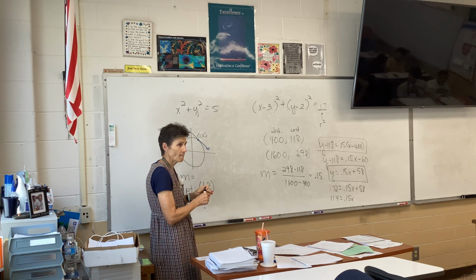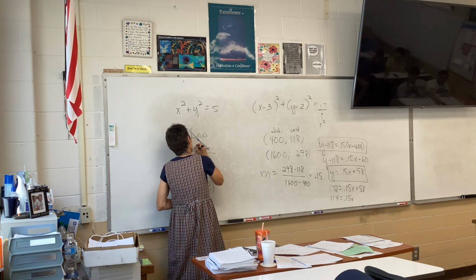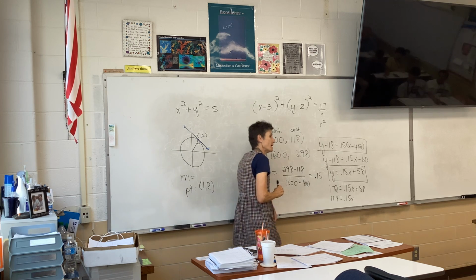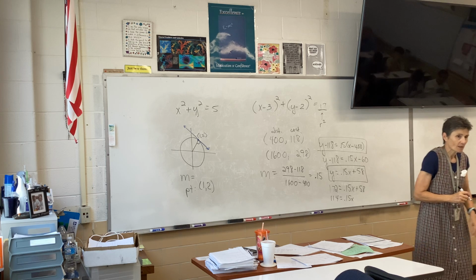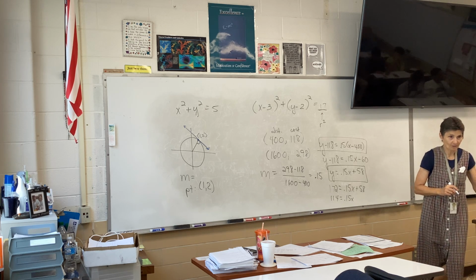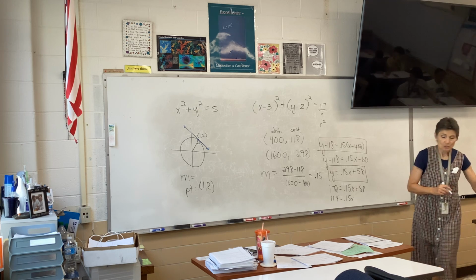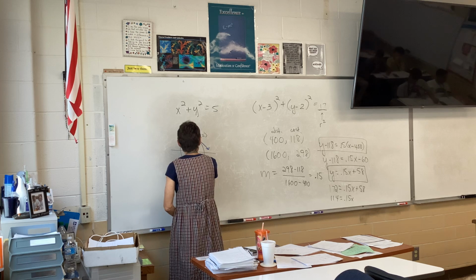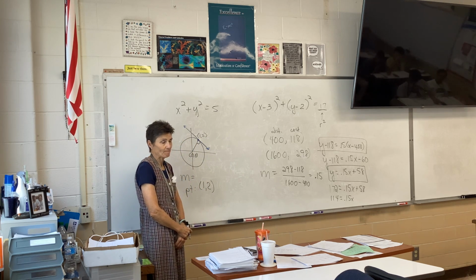All right, Ellie? Wouldn't the radius of the circle be perpendicular? Exactly. That's what I was hoping you remembered from geometry. That a radius and a tangent are perpendicular at the point of tangency. So, I can't find the slope of the blue line, but can I find the slope of the black line?